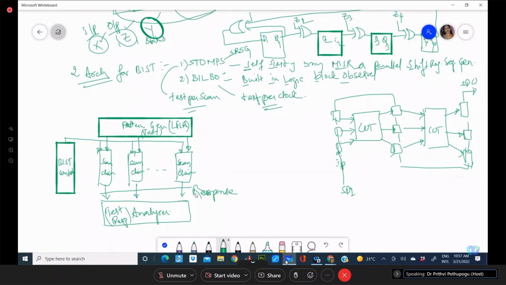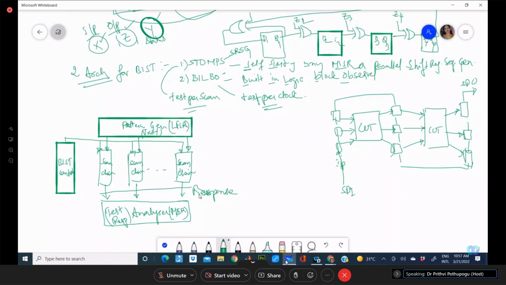So here we can use a multiple input signature register, a MISR setup, where you have the fault-free response and the response of the system, both compared, giving an analysis of whether your circuit is working properly or not.